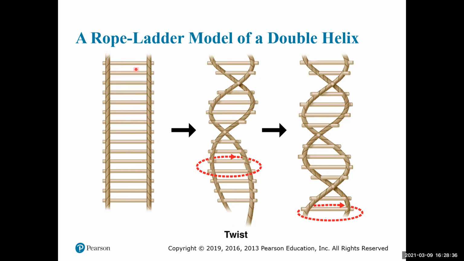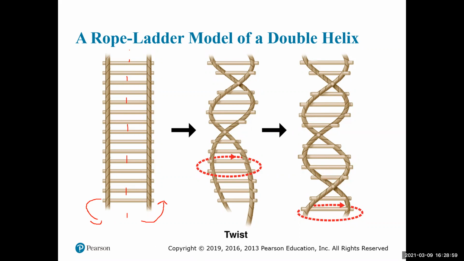And then if we just said we've got an axis here, and we just rotated this ladder around that axis, which is what we're doing in the next two images, you get that double helix shape that we now know DNA exists in.